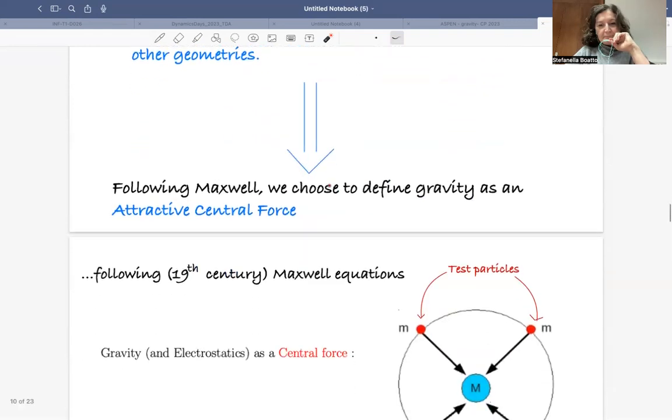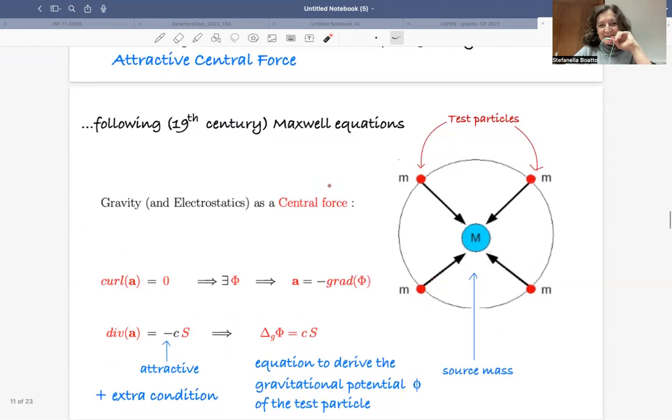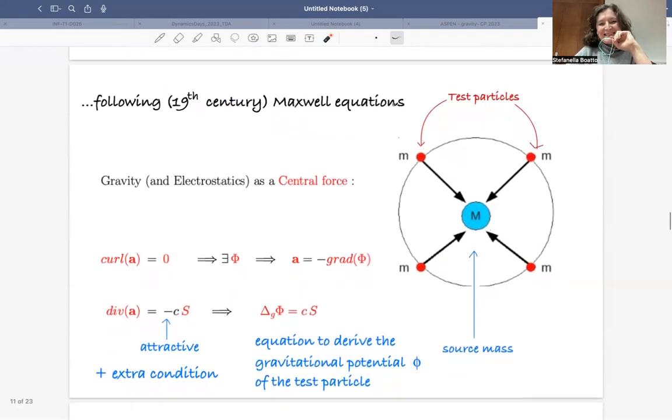And so following Maxwell, in the 19th century, for gravity, if we have a test particle, we can imagine a source mass, big M, and then a sphere around it.